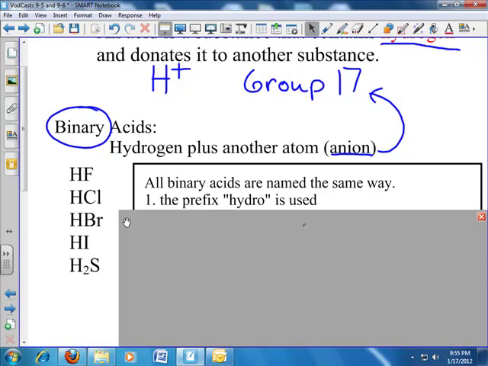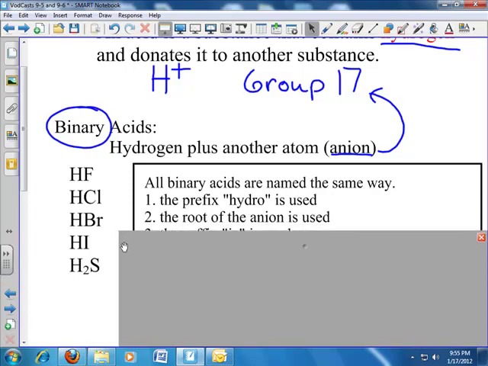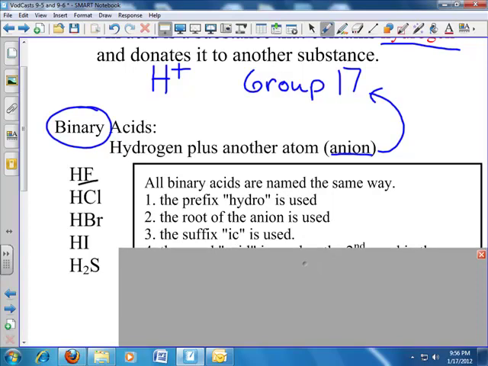Well, we use that prefix hydro for these. And then you use the root word of the anion. So if the anion is something like fluorine, we'll use the root word of that, and then we're going to add a suffix to that, an IC ending.